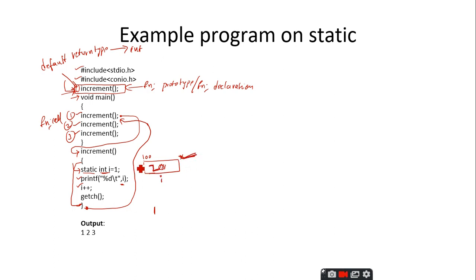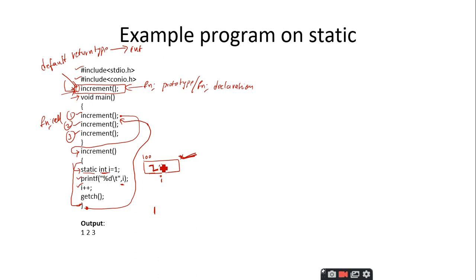But this doesn't happen in the other variables like the arithmetic and registers. When the control comes out of the block, the variables will be automatically deallocated. That is, they will be dead. But since you requested the compiler to make this variable static, when the control comes out of this particular block, you can observe that the variable will not be dead.